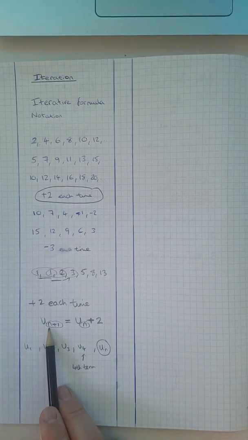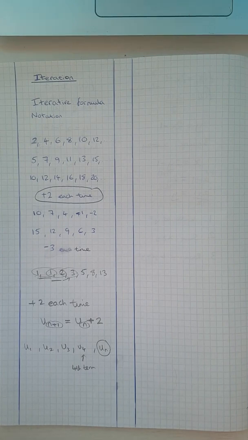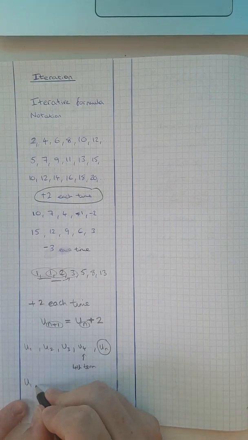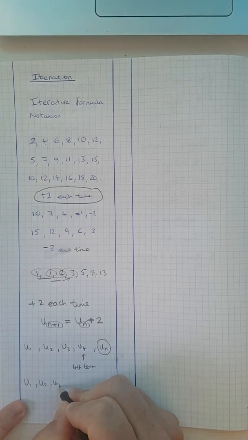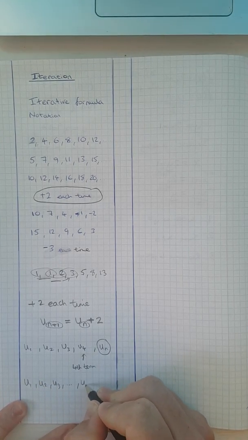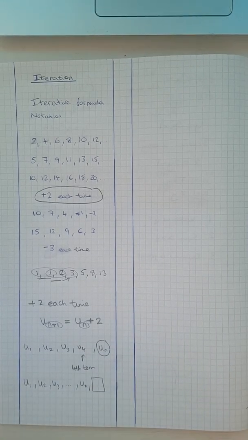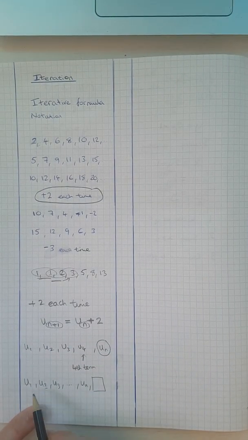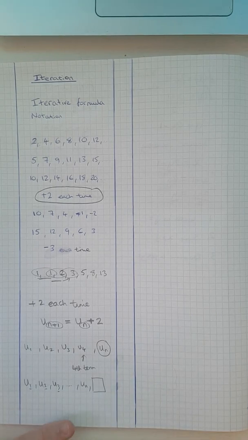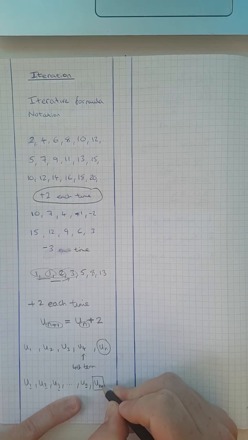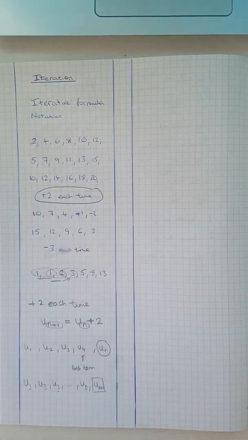So what would Un plus 1 represent? Well, if a sequence went U1, U2, U3, and then somewhere along the line was Un, what would the next term be? Think about this number. It's increasing by 1 each time. So if this one is Un, the next one would be Un plus 1.